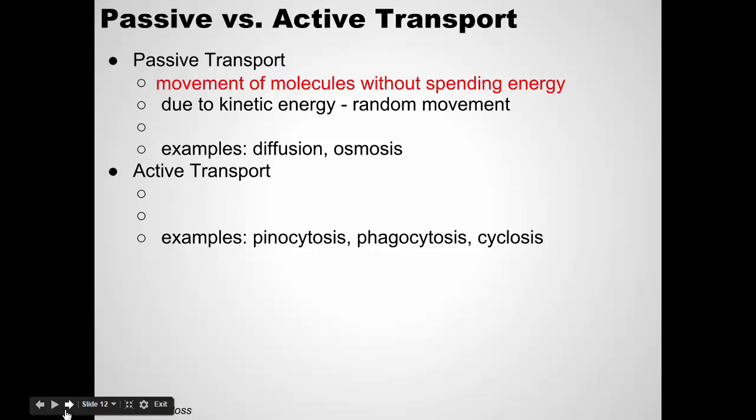There's no energy required because the molecules are moving down the concentration gradient from higher to low concentration. And it does this due to just sort of random energy of moving molecules. And the kinetic energy of molecules bumping into each other and moving causes molecules to go from higher to lower concentration.